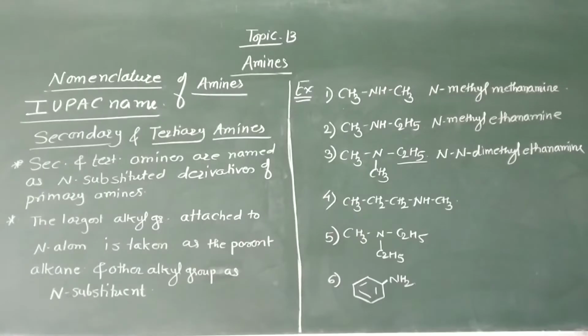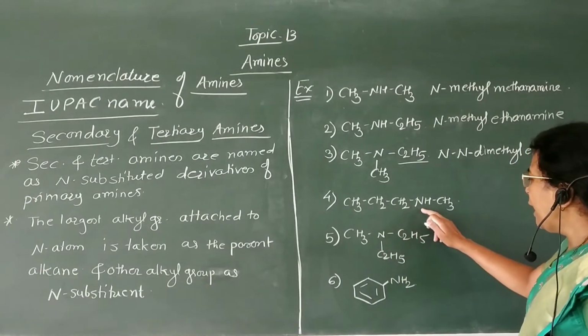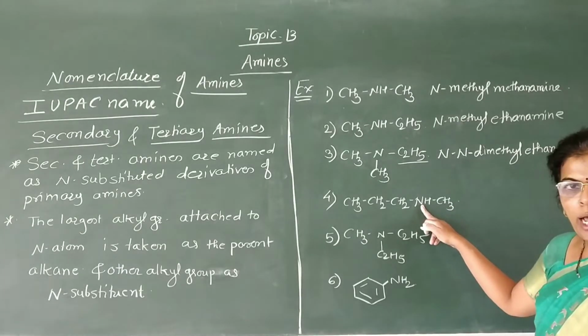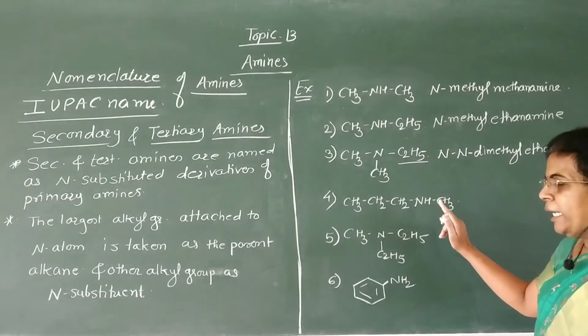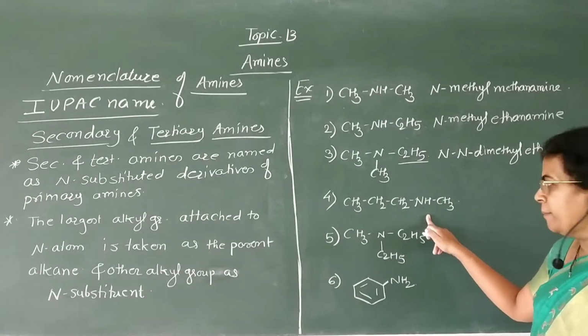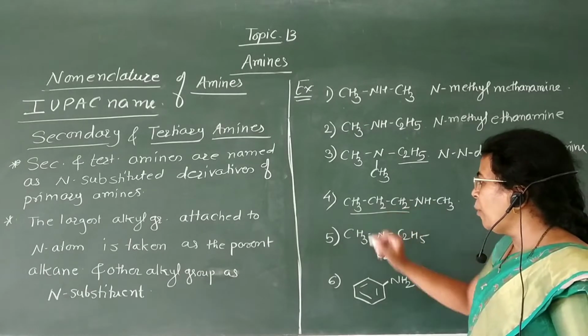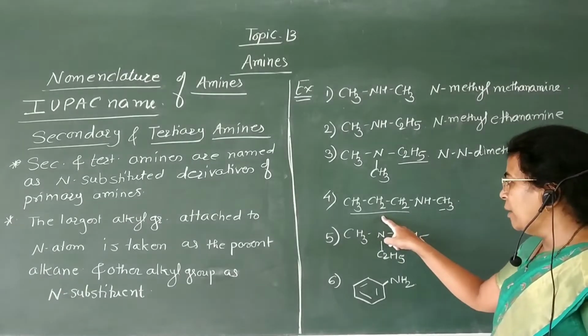Now next one, number 4, CH3CH2CH2NHCH3. Now here 2 hydrogen atoms from ammonia are replaced by 2 alkyl groups, therefore it is a secondary amine. It is a mixed secondary amine. Now in this case, this is the N-propyl group and this is the methyl group. Therefore the parent alkane is propane.